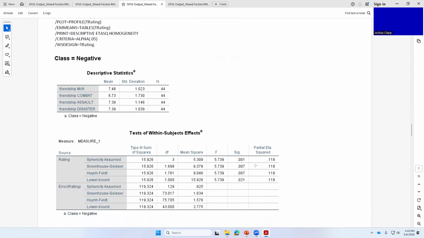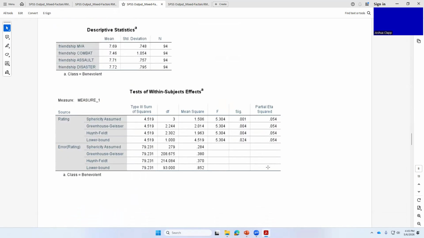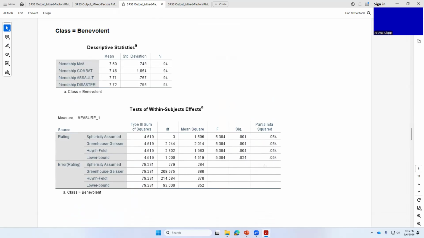And what I've got here is my one-way repeated measures ANOVA for just my negative group, okay? And I'll post my actual hand calculations here, using the values from my ANOVA table to run that repeated measures contrast.